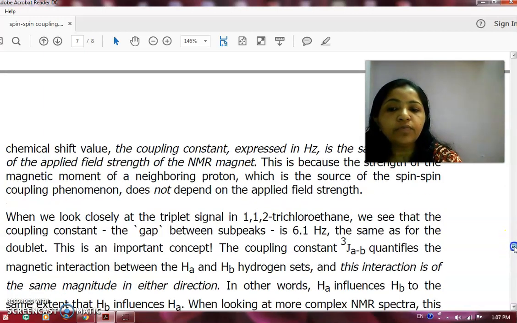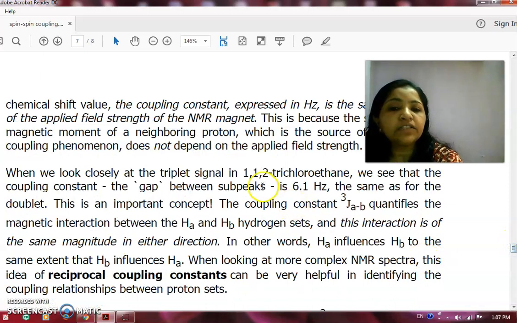But when we look closely at the triplet, what we see is that the coupling constant, the gap between the peaks, is 6.1, the same as for the doublet. 6.1 in the case of the doublet, and the triplet also has the same coupling constant. This is an important concept.